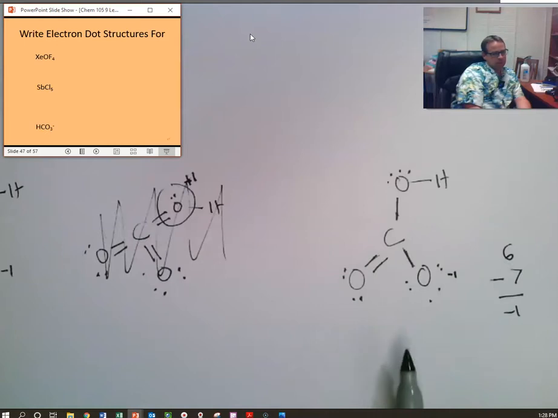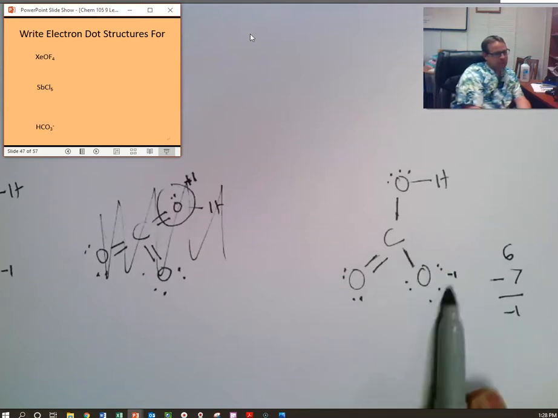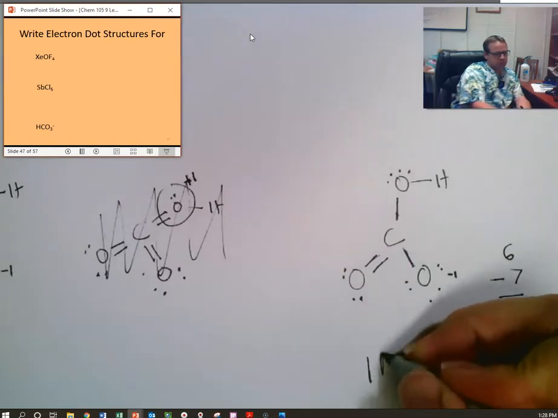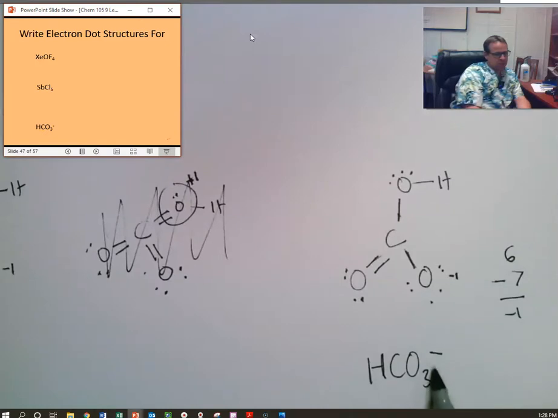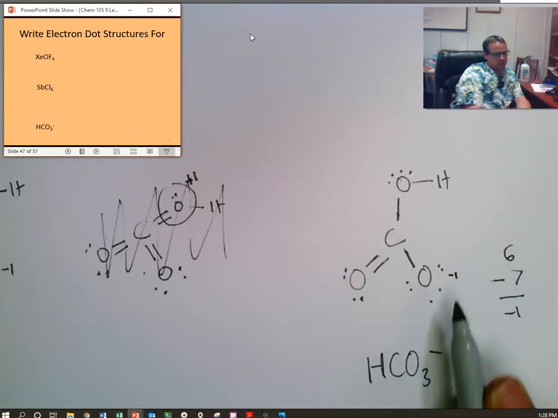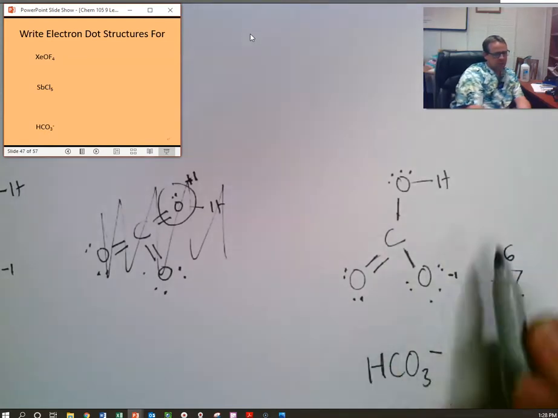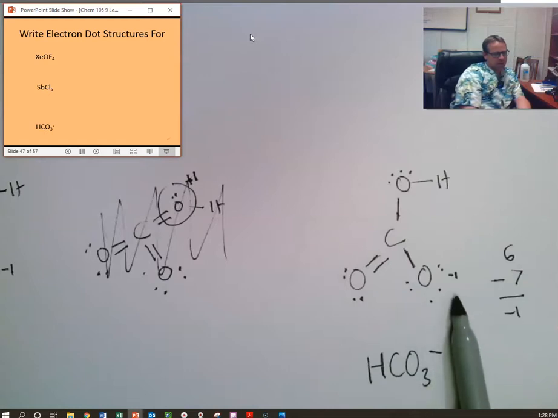Now, is it okay for this compound to end with a formal charge? Landon? No. Well, actually, because it's HCO3 minus, it's going to have to end up with a formal charge. That negative sign means that somewhere on here there is a negative charge, and the Lewis dot structure tells us where it's at.